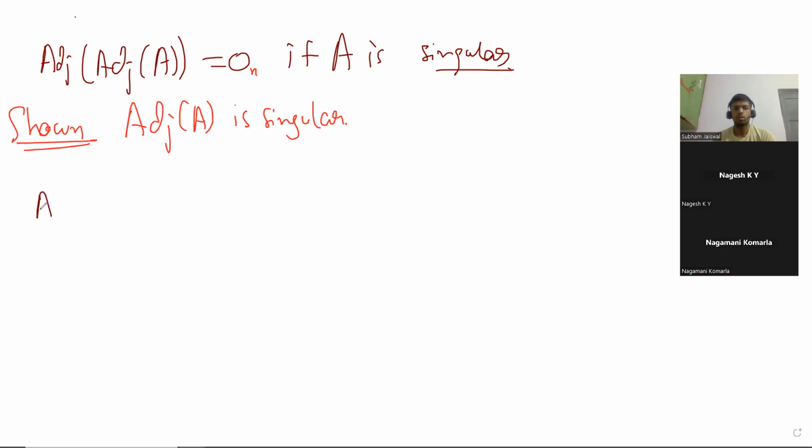I was thinking maybe you could just write down A and then the adjoint of A, but it becomes a huge matrix, and if you want to show that the determinant of something is zero, but in the end you want to show that the determinant of something is 0.